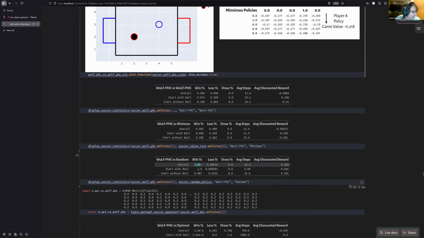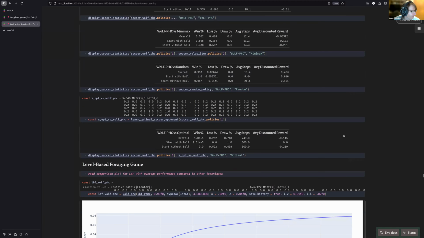And again, against the random policy, it does extremely well. We can see, this is one of the highest rewards I got in this game against the random policy. I think even higher than the minimax policy had. And then also against the optimal opponent, of course, this is exploitable, right?